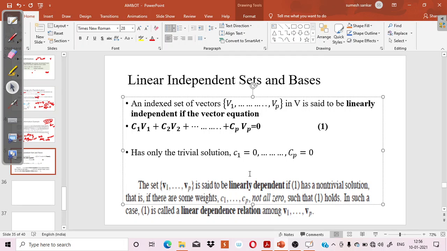That is the definition of linearly independent vectors.